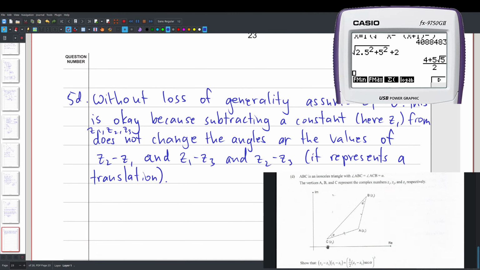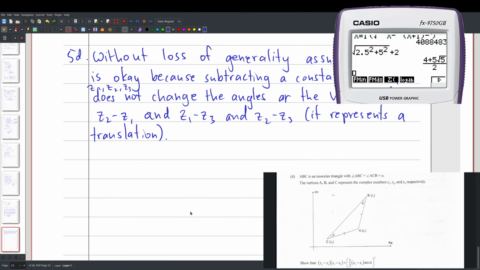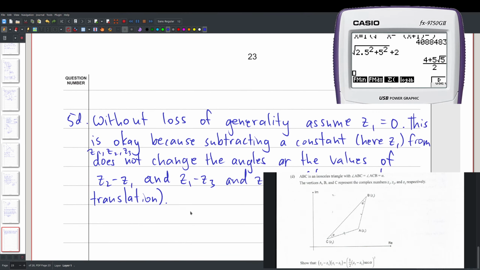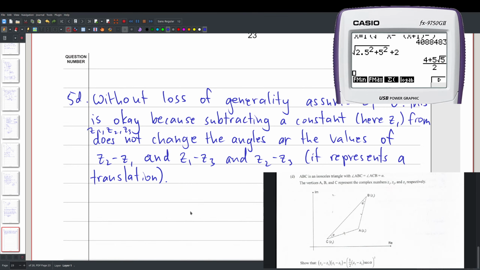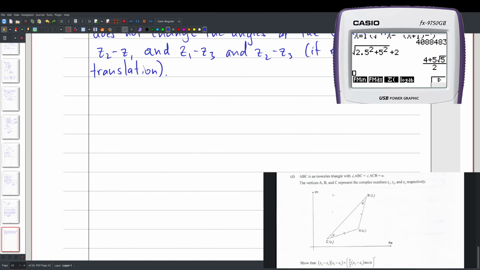Alright, so then without loss of generality, also assume z2 equals 1.